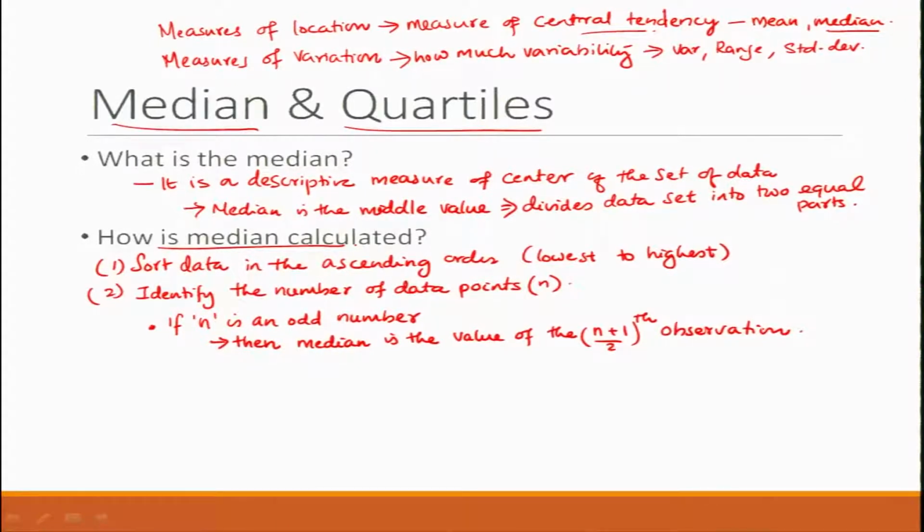If n is an even number, it can only be odd or even, so if it is an even number, then what do we do?